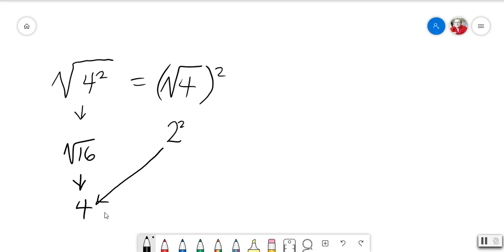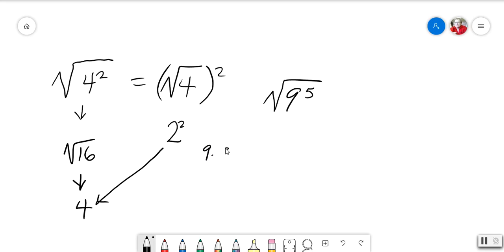Now, with a very simple example such as this, it's not really necessary to be able to do something like that. But if you had something outrageous, like perhaps the square root of 9 to the 5th. 9 to the 5th would be a very large number.